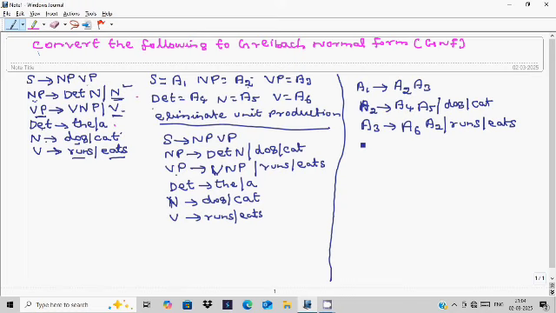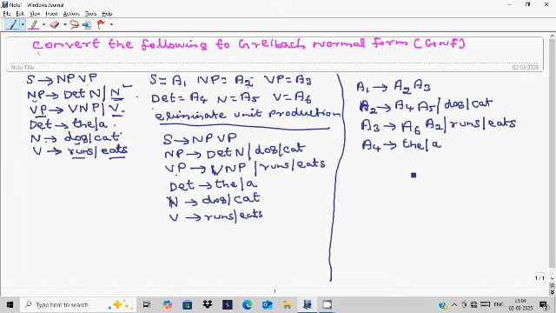Now coming to the fourth production, DET can be named as A4. So DET is named as A4 and A4 consists of only two productions, the and a.